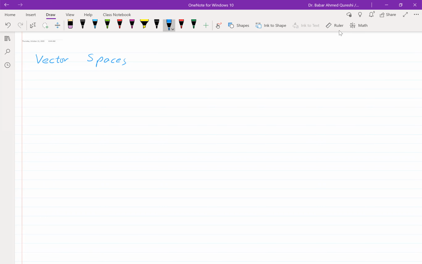So vector spaces, another name for the same category is, people also call them linear spaces. And so what are they?